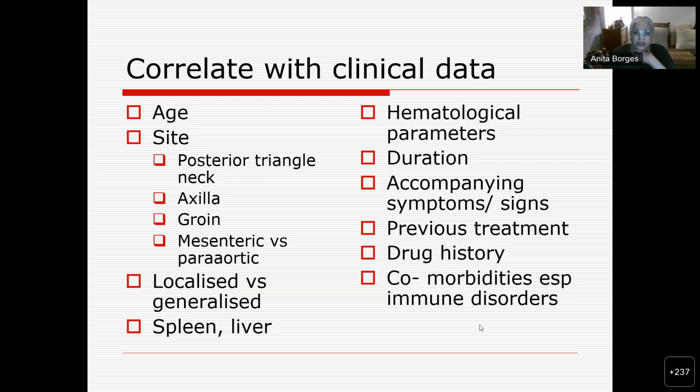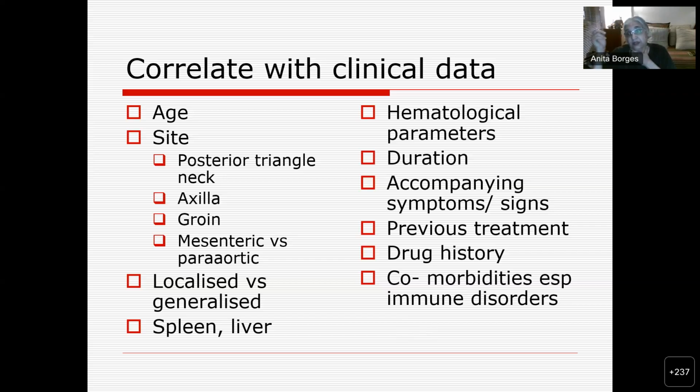Then all these accompanying signs, and drug history is important, because drugs can modify what is going on in a lymph node, and some drugs themselves can produce lymph node hyperplasias. Everybody talks about Dilantin. I think I have seen it only once in my life, maybe the one that Sumit once showed me, Dilantin-induced lymphadenopathy.